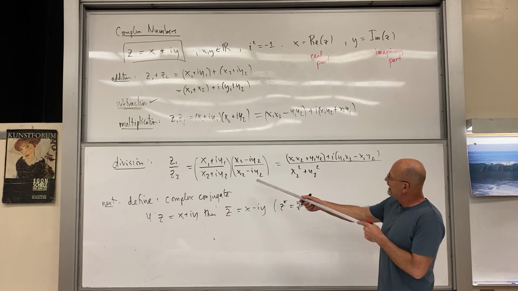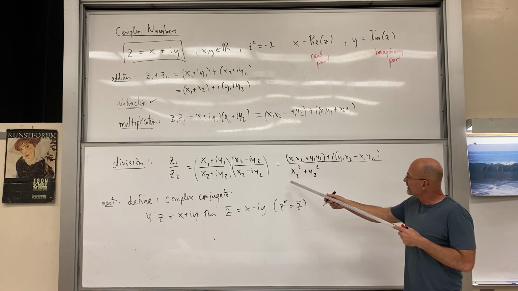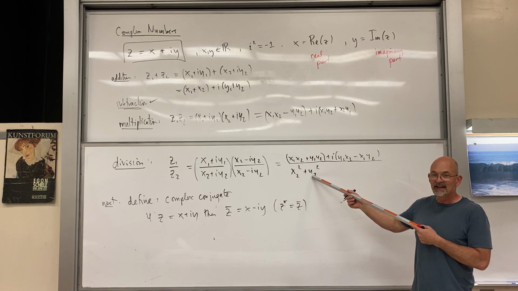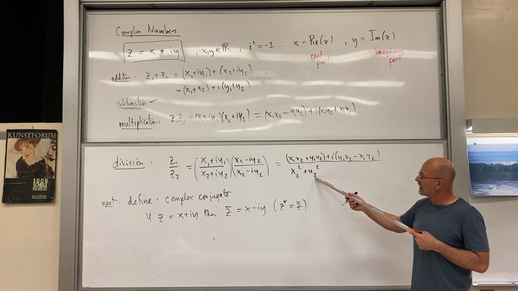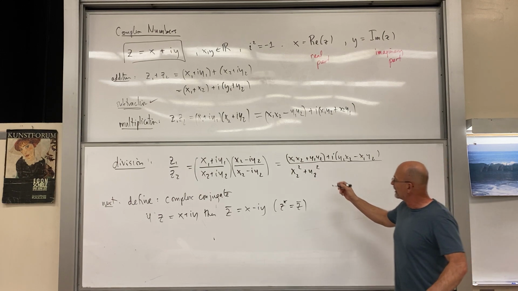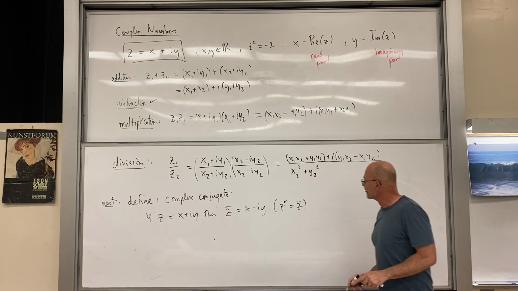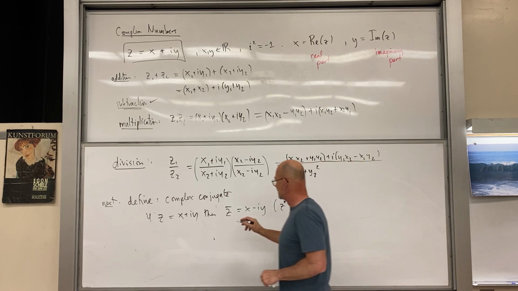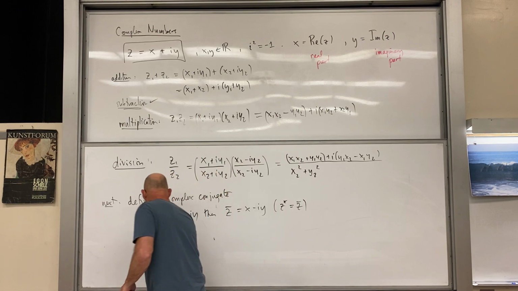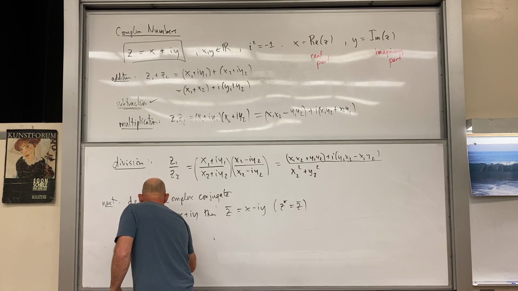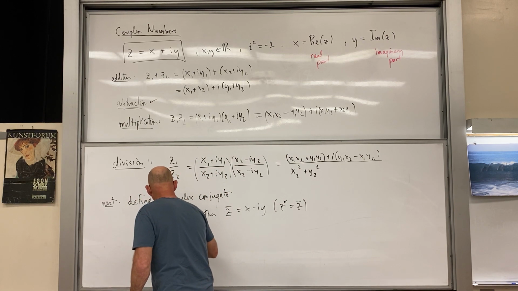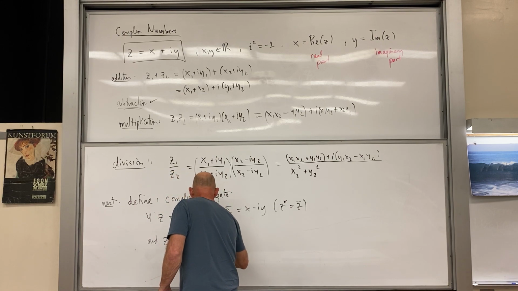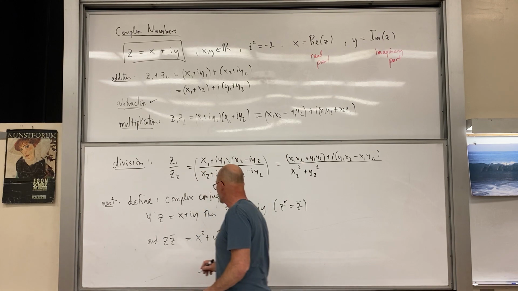So that's your complex conjugate. We used it right here in the denominator. So the complex number times its complex conjugate gave a real number, and this will be reminiscent of something very soon. So we have z times z bar is equal to x squared plus y squared.